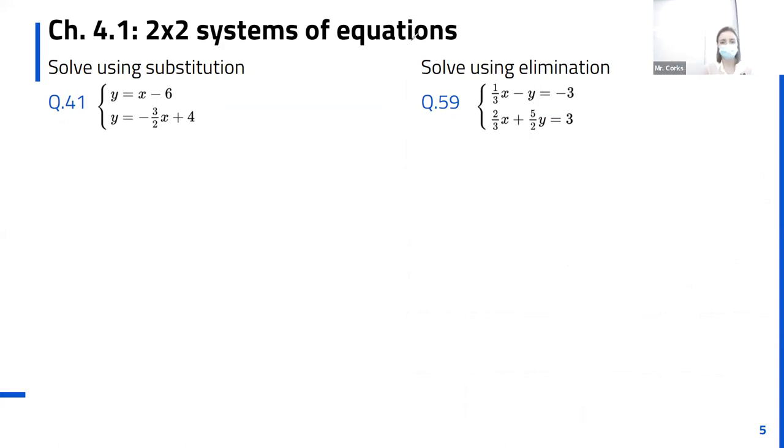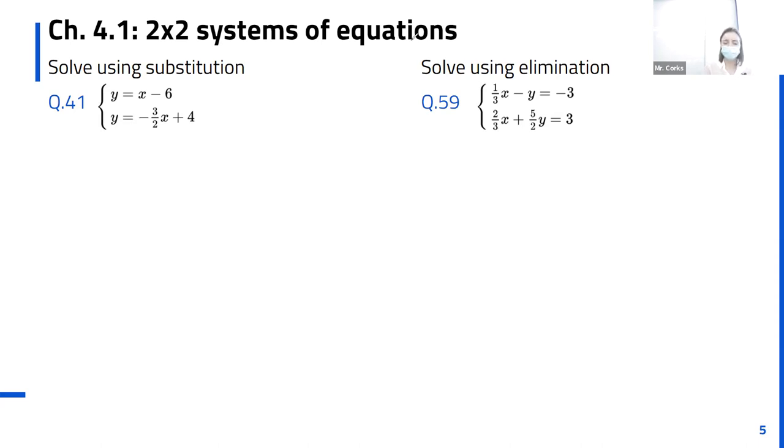we need to solve two systems of equations with two different approaches. The first one is substitution, and the second one is elimination. For the first one, you need to isolate either y or x and input it into the second equation.